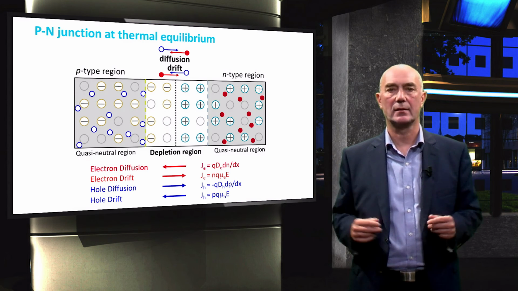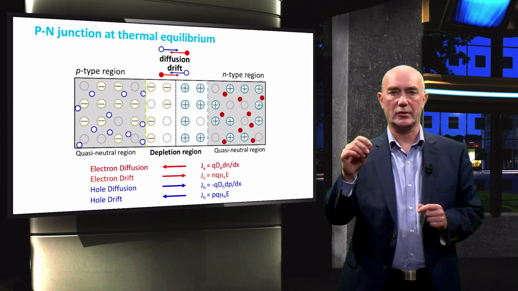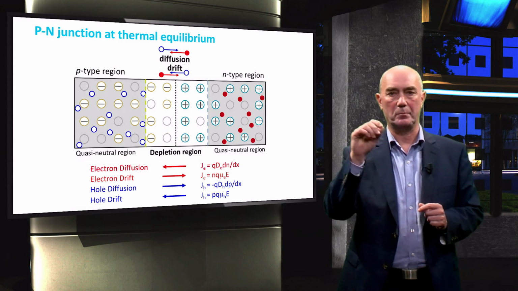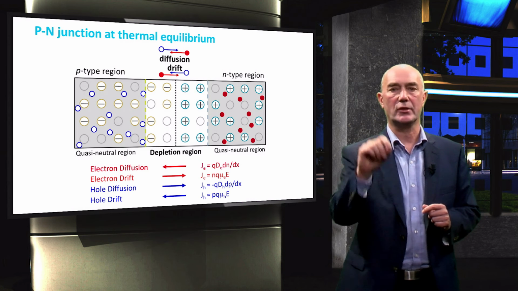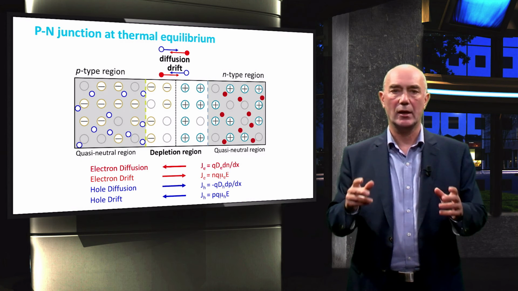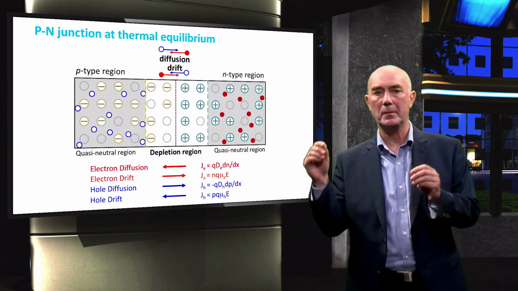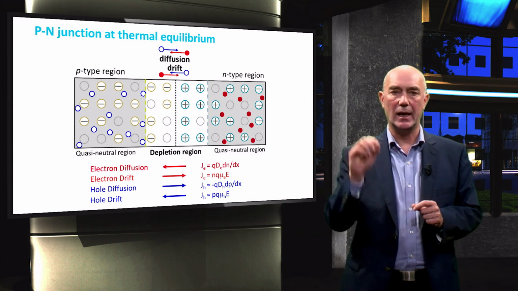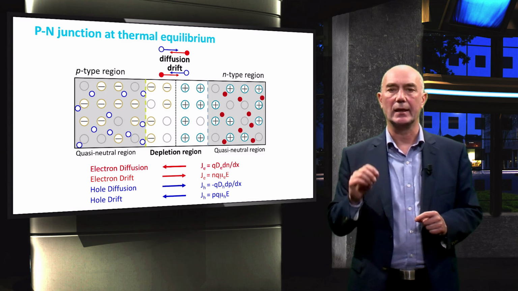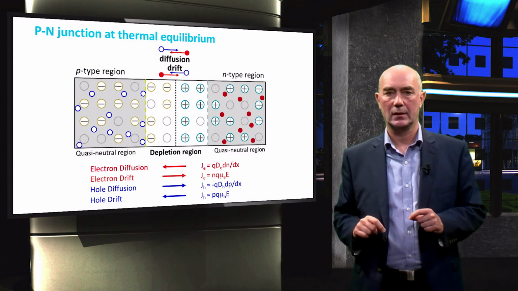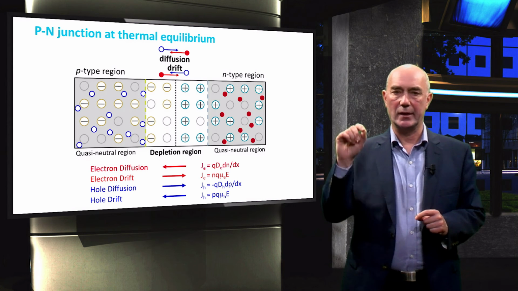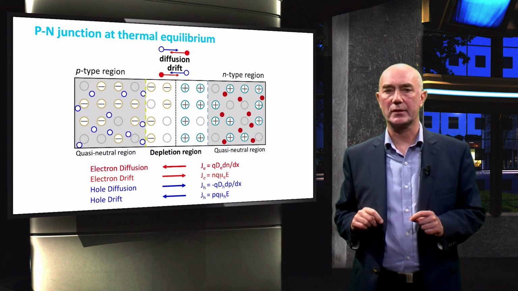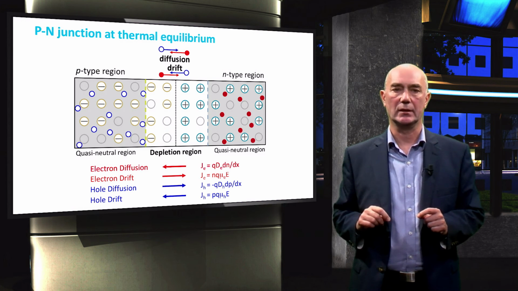To summarize, because of the concentration gradient of holes between the P-type and N-type regions, initially holes diffuse from the P-type to the N-type region, leaving negatively ionized doping atoms in the P-type region. As a consequence, there is a buildup of a negative electrostatic charge in the P-type region.